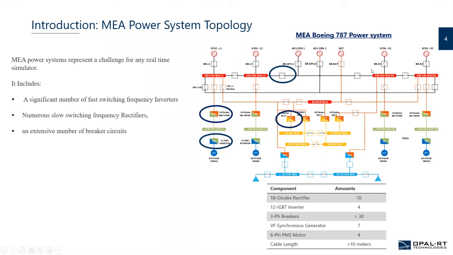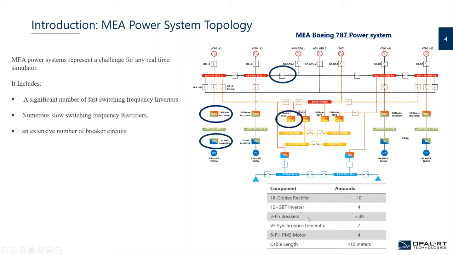If we consider the power system from the Boeing B787 model, which is considered one of the largest more electric aircraft power systems, it includes up to 18 diode rectifiers, up to four 12 IGBT inverters, and over 30 three-phase breaker circuits.